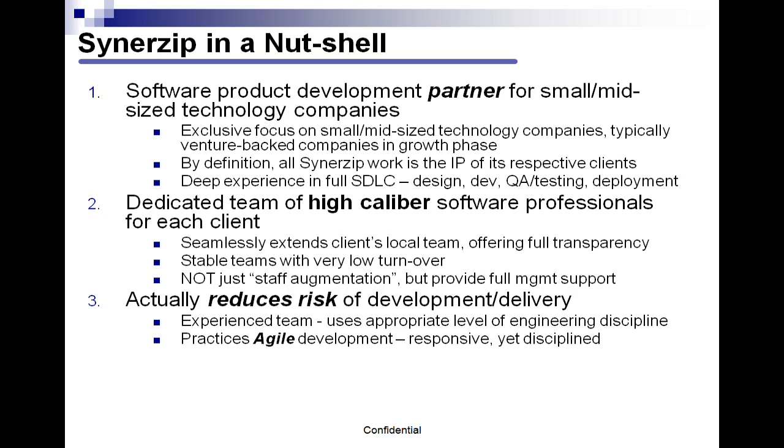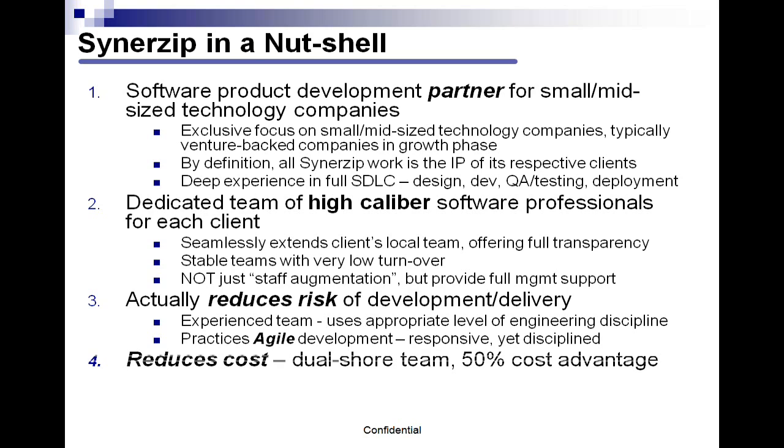And while we're doing that, we help our clients reduce the risk inherent in software development and delivery because of our expertise in software development in general and Agile development in particular. So applying the right balance of how much QA ratios to apply and all those things, as I talked about earlier, that's a big part of how we reduce the risk for our clients.